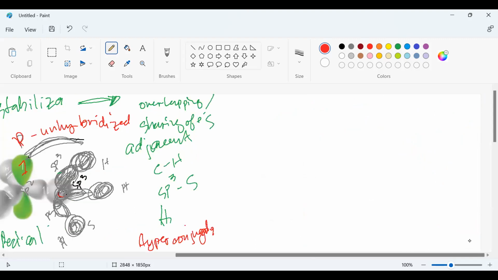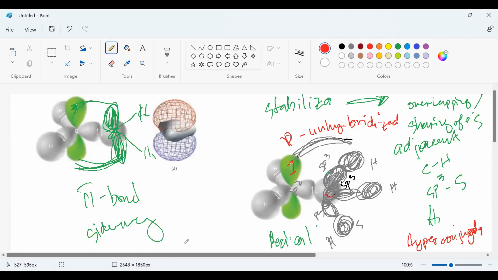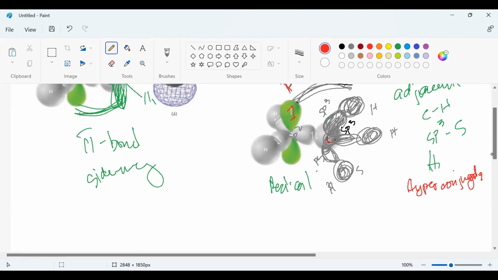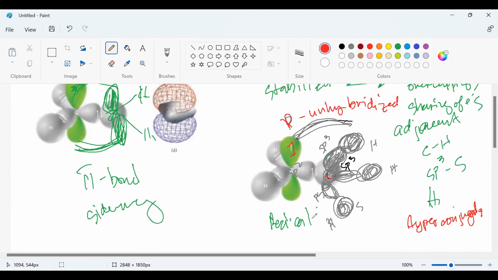Don't forget the hyperconjugation effect: a radical or a carbocation can always be stabilized by it.